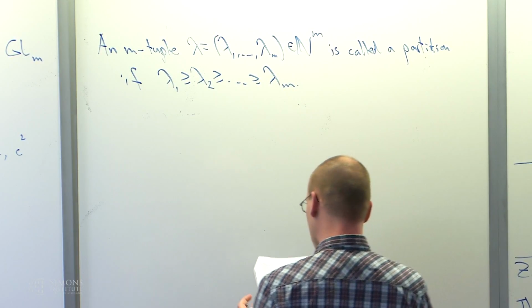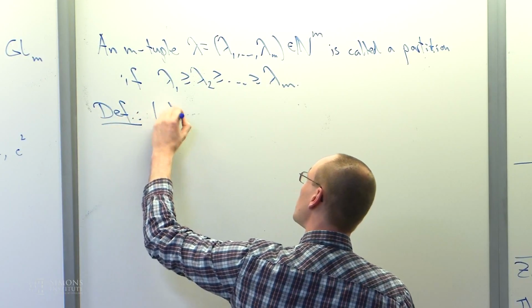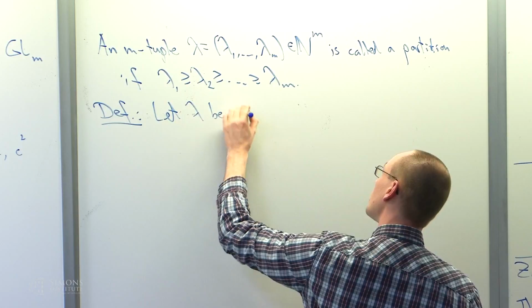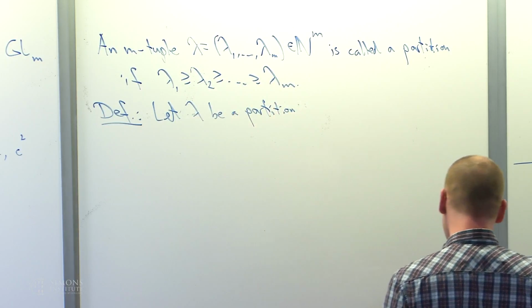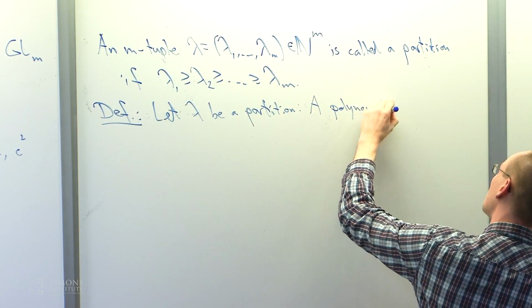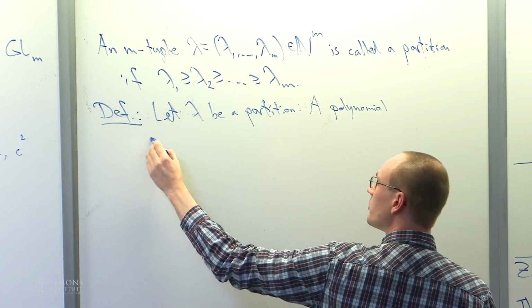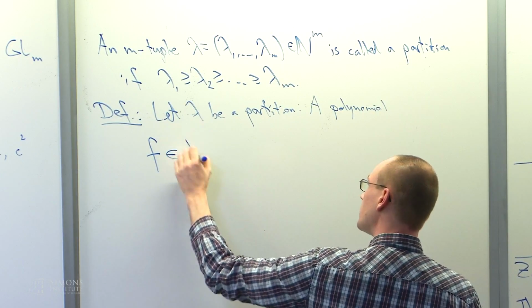And so now I want to have what is called a highest weight vector. So if lambda is a partition, then a polynomial, let's say we call it f, and it should be something like the discriminant.